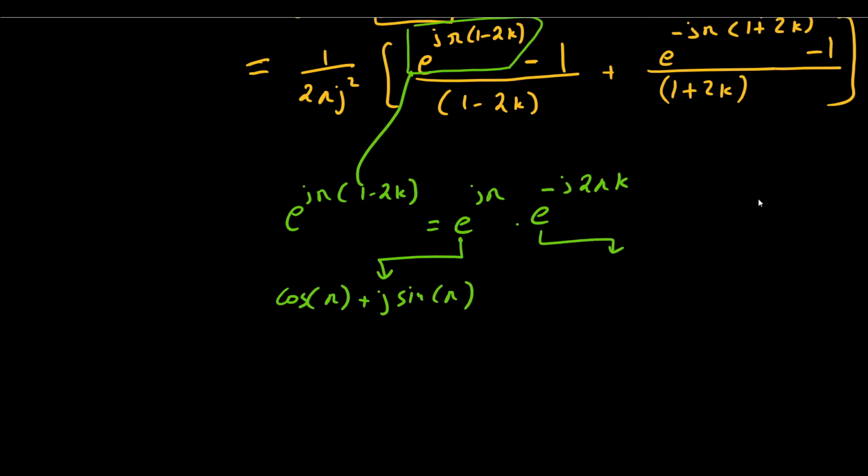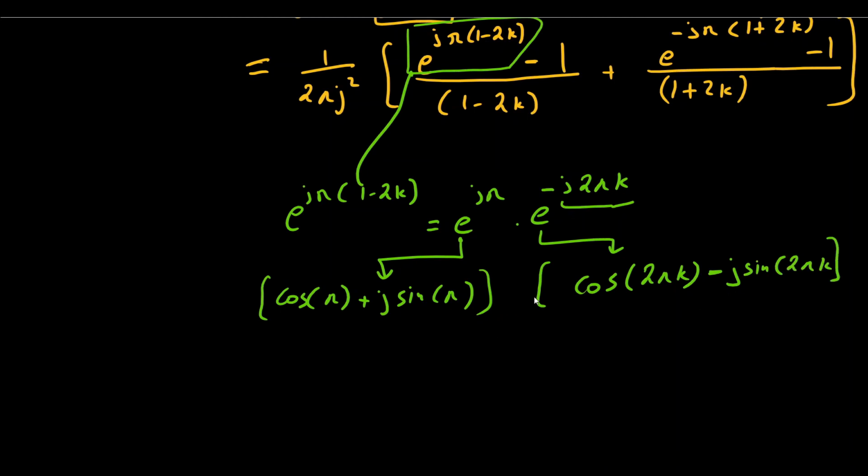Similarly, this from Euler's identity is a cos of this argument which includes a minus, but since cos is an even function, this minus would disappear, so we would simply have 2 pi k, but for the sine function we would have a minus sign coming out, so we would have j sine of 2 pi k. So they are being multiplied.